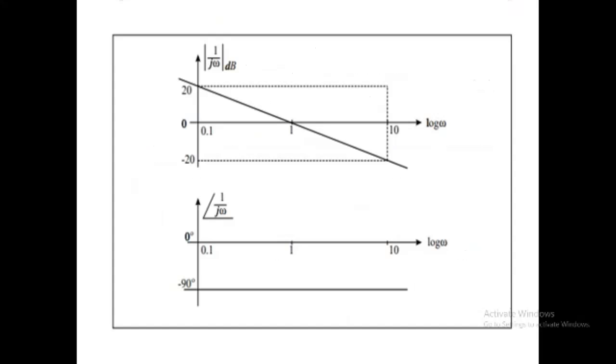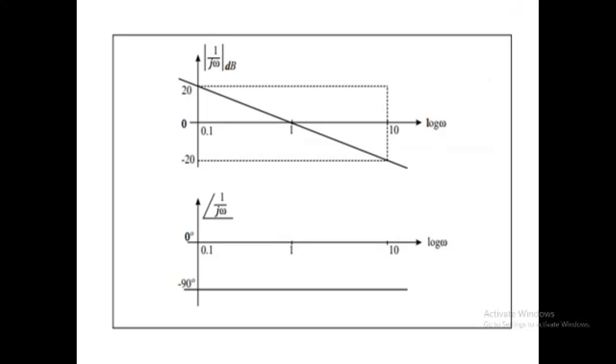The transfer function of the pure integrator is given by, or it has the following magnitude and phase: G of j omega in decibel is equal to 20 log of 1 by omega, which is equal to minus 20 log of omega to the base 10, and argument of j omega is equal to minus 90 degrees.